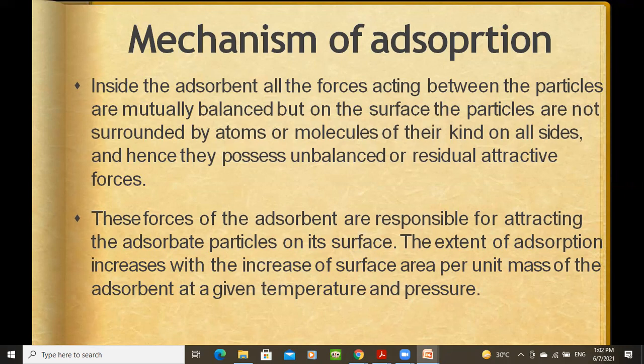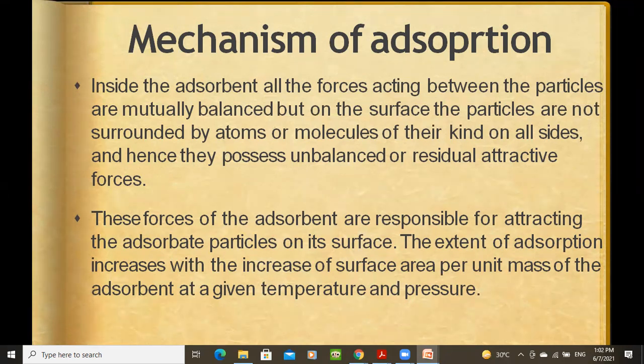If we talk about the adsorbent, the molecules inside are attracted by forces of attraction on all sides. But the upper molecule is attracted by the side and lower molecules, while the upper side is actually vacant, and the attractive force is present there. So when things come closer, they stick.